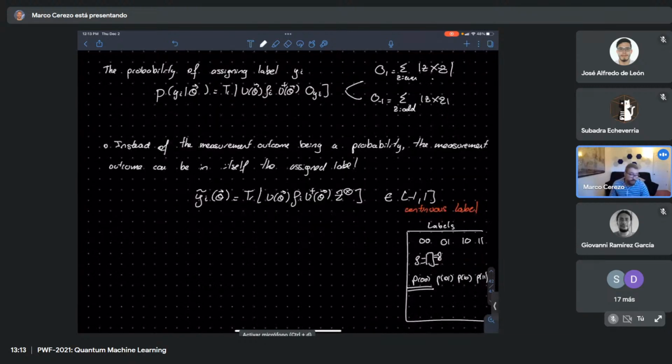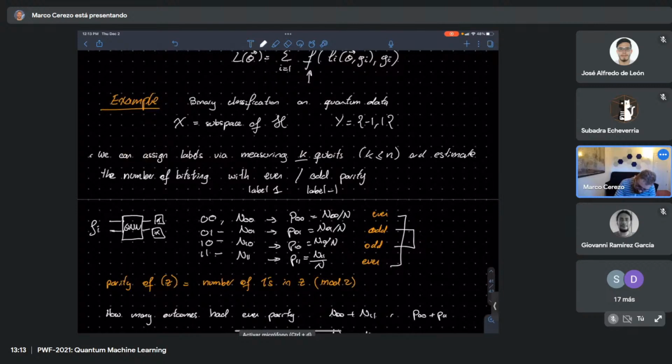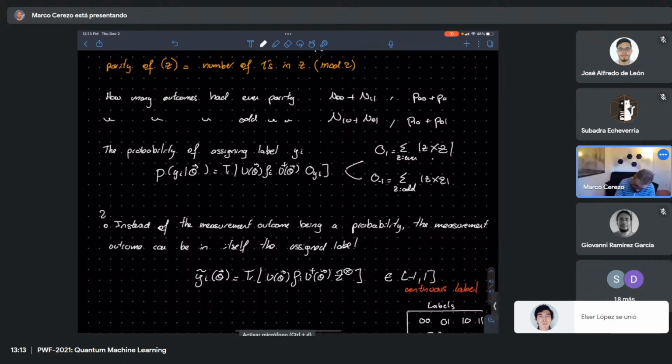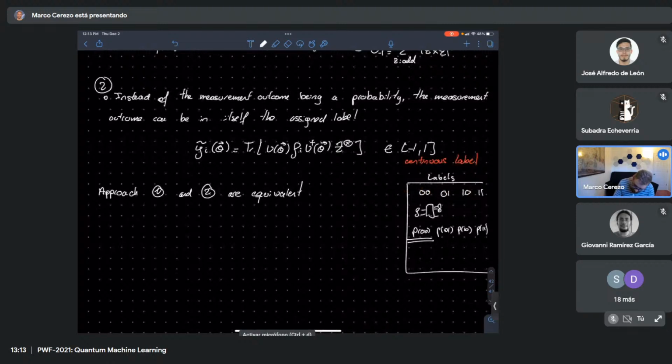Now, of course, what's really cool about quantum mechanics is that we can use linear algebra, and we can prove that these 2 approaches, approach number 1 and approach number 2, are equivalent. So assigning a label or assigning a probability of a label are exactly the same. Why is this?